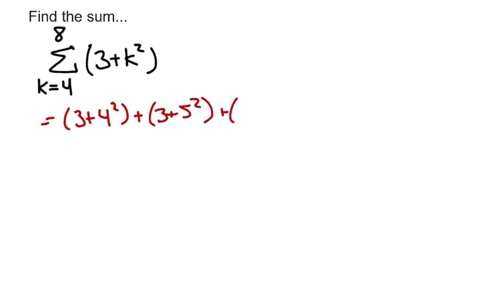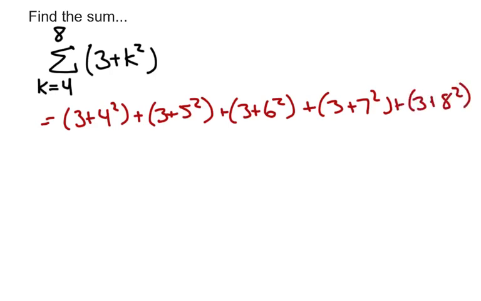And we're going to keep doing this, 3 plus 6 squared, 3 plus 7 squared, and 3 plus 8 squared. And that's where we stop. We started at 4 and went up to 8, increasing by 1 every time.